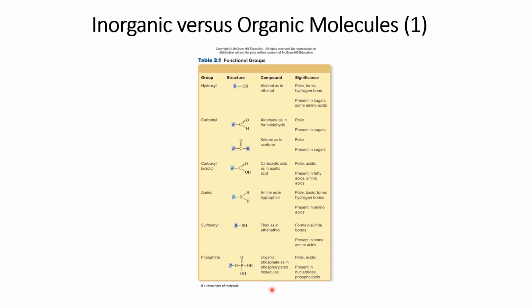It'll lose sometimes both of its hydrogens in solution, and it's common in DNA and RNA most often, but you can also see it in some of the carbohydrate reactions when we get to metabolism.